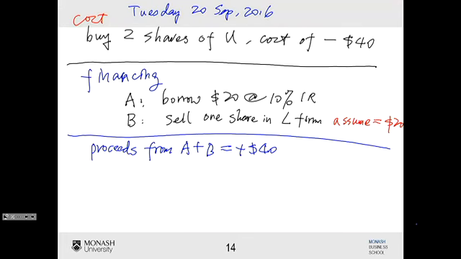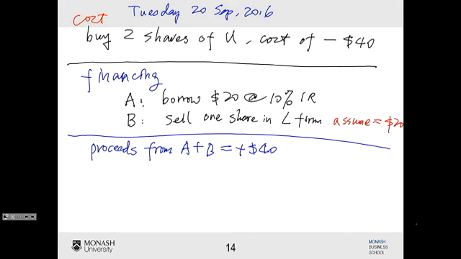With that 40 cash flow coming to me, I can use that $40 to buy the $40 for the unlevered firm.